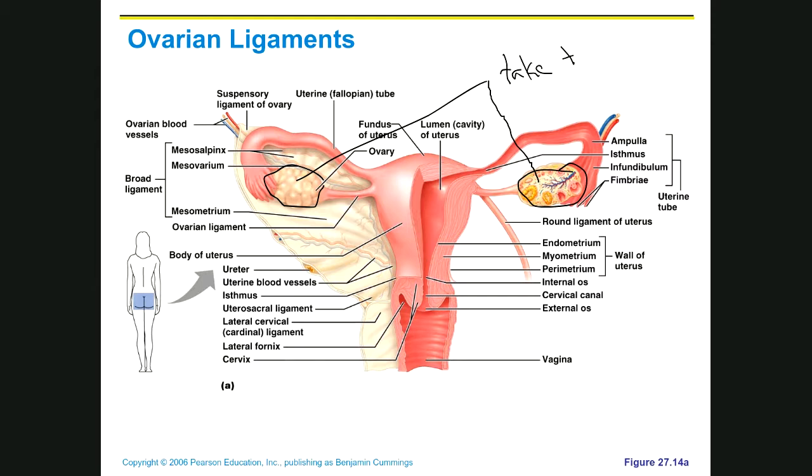And some women can actually tell you when ovulation happens because they can feel it. It's called Mittelschmerz. It's a German word, but Mittelschmerz means pain in the side is what it means. And so some women can actually tell you the exact second or minute or whatever that they ovulate.